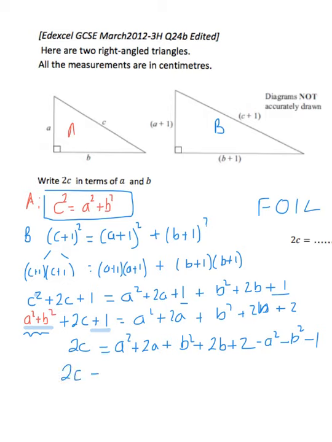Simplifying the right hand side, well, A squared minus A squared, then I've got B squared minus B squared, so they go. So that's going to leave me with 2A plus 2B, and then 2 take away 1 is plus 1. There we go, all done.